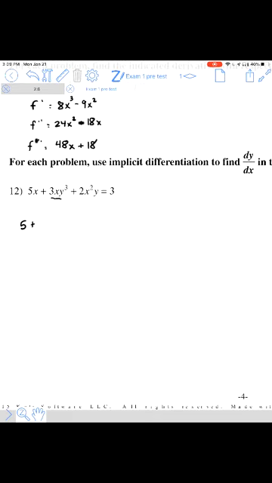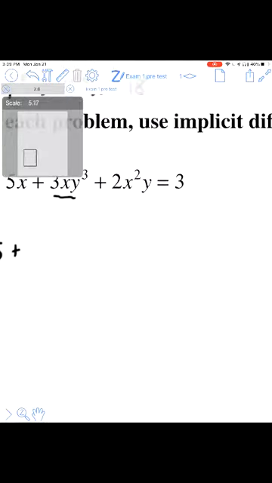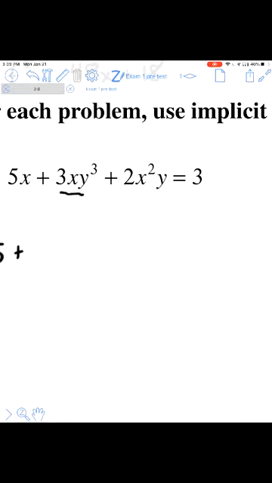Now I'm at this term, and if I think about separating it into an f times g, then I can use the product rule, which says f prime times g plus f times g prime. Now g prime is going to be the derivative of y cubed. That's going to be 3y squared, the derivative of the outside function.